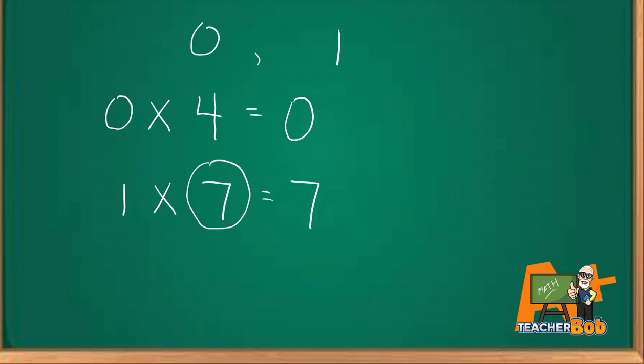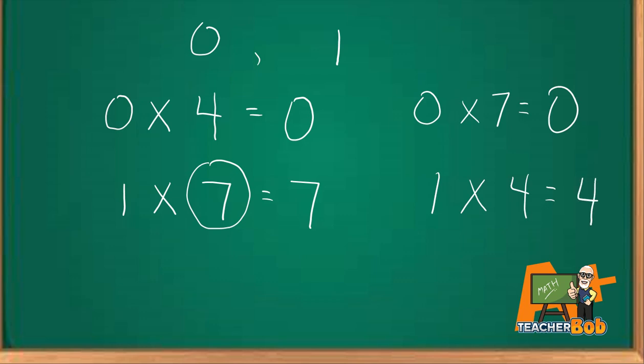So it remains a 7. 0 times 7 is equal to 0. 0 sevens is 0. And if we had 1 times 4, I'm just reversing these numbers here, well, our answer is still 4, isn't it? Nothing changes.